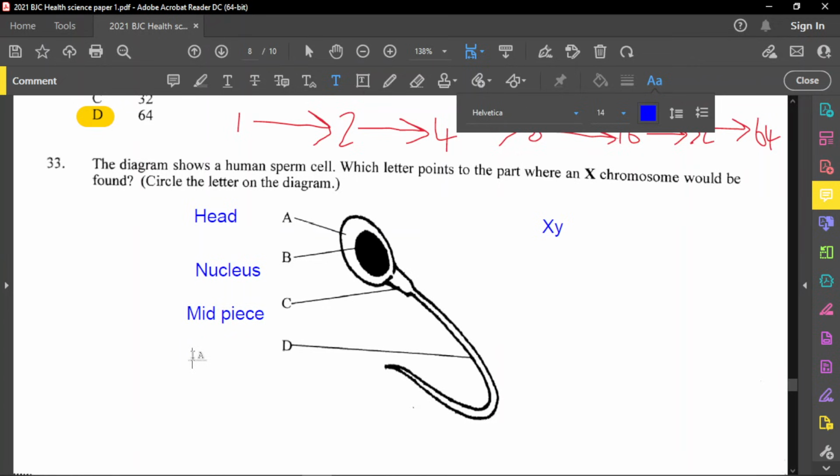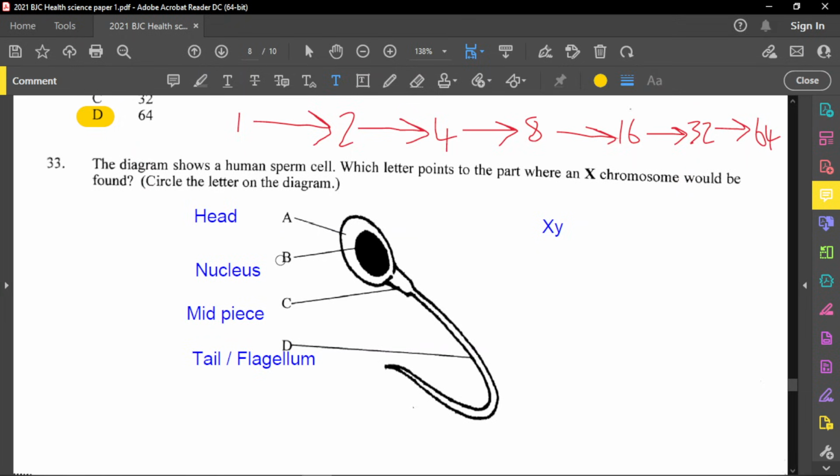And D is what they call the tail. The tail is also known as the flagellum. So again, the genetic material is found in the nucleus. So B will be our answer.